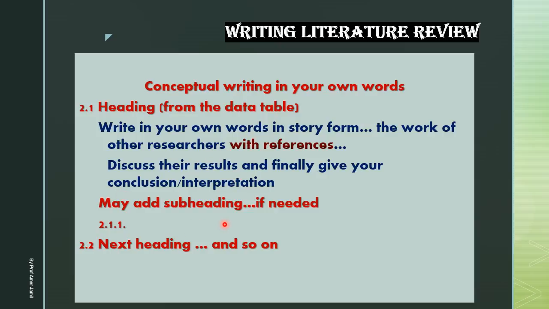Then you may add a subheading like coronavirus in Asian countries. This may be 2.1.1, and then 2.1.2 may be coronavirus in Europe, and so on. And then your next heading may be vaccines available for the coronavirus. So this is just one example, and you can apply it to any kind of research, to any subject, from social sciences, or even for the art subjects as well.